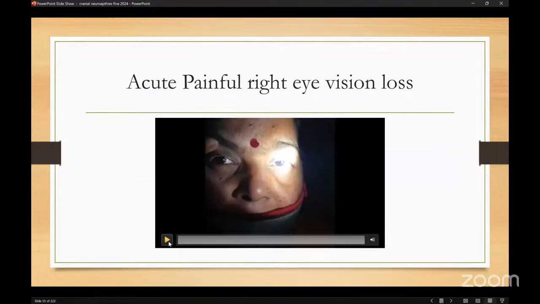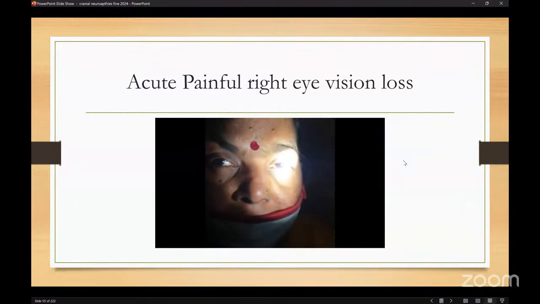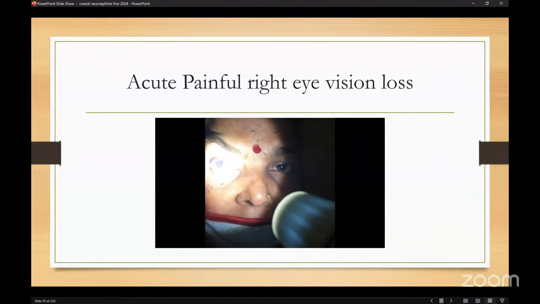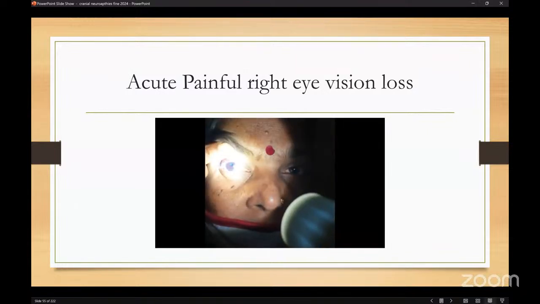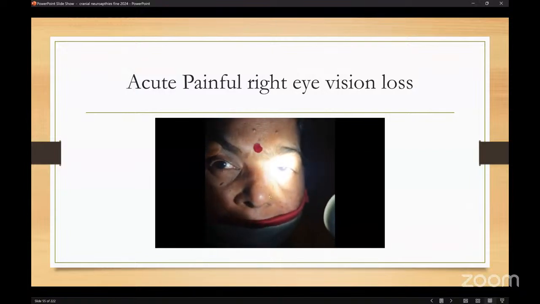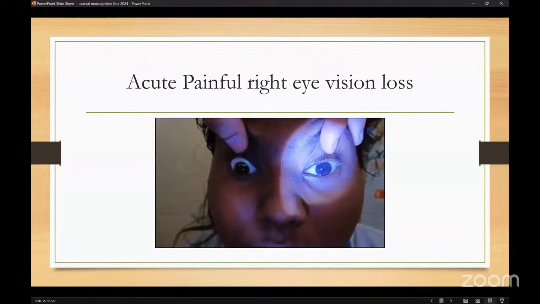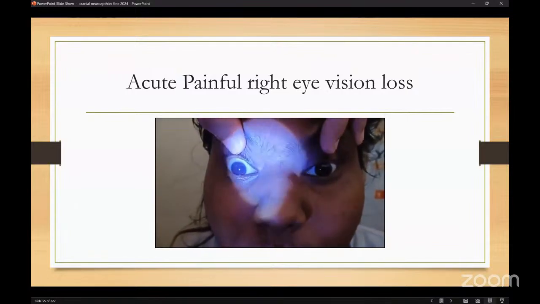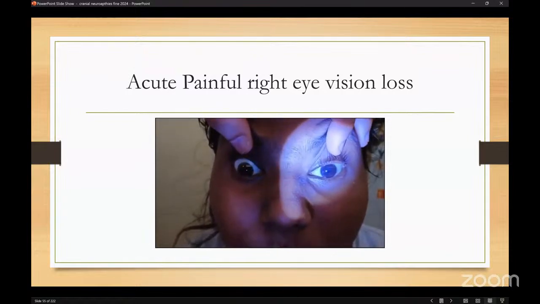Here you can see and tell me where is the localization. First lady and second lady, can anybody tell?